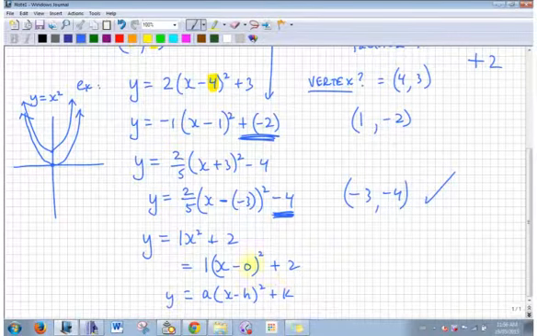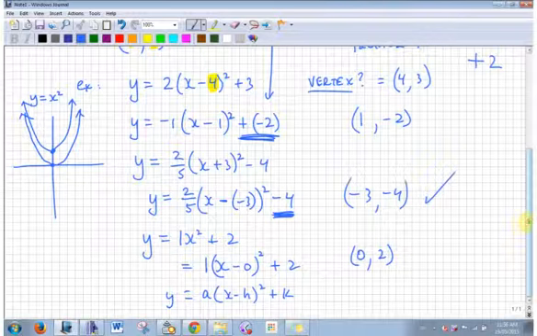That's vertex form. Do you see now what h and k are? H is 0 and k is 2. Just like if you remembered, hey, it works. What do you know, right? Okay? So it didn't really look like vertex form, but it actually kind of was. So I don't know how you want to think about that.